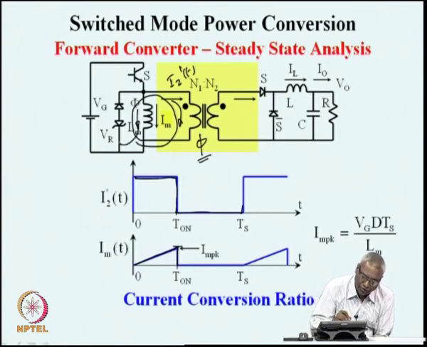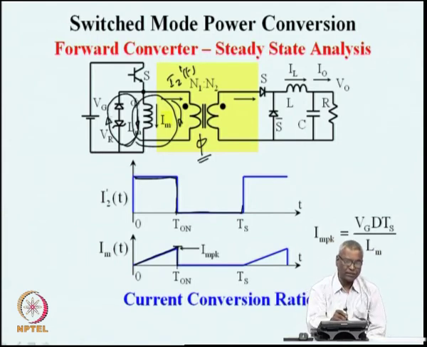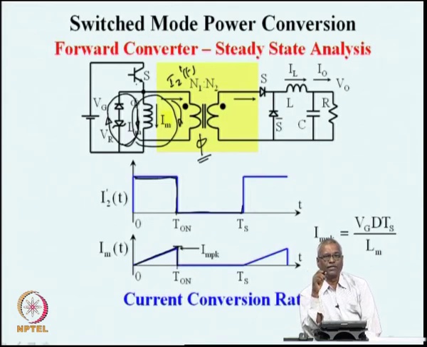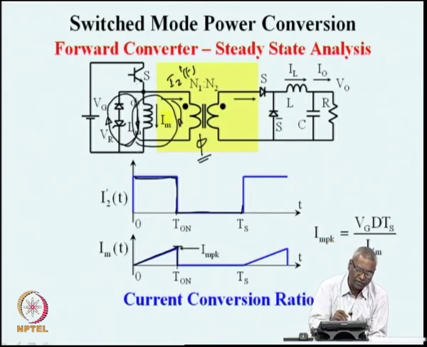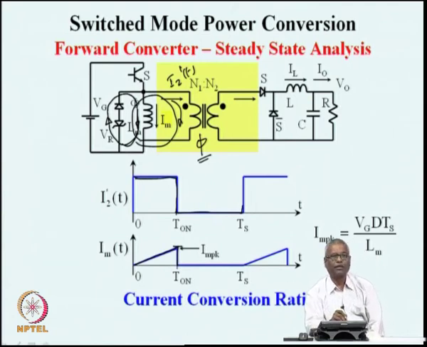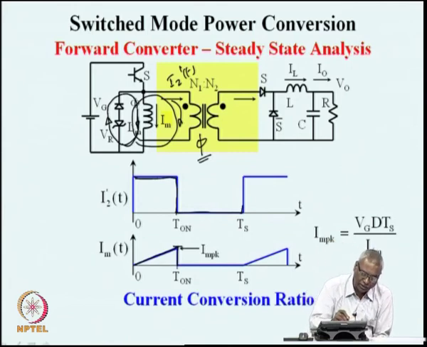It has a path here through this and then back here. Because the main switch has completely switched off, it is not supporting any energy, so the inductor finds an alternate path which can keep the energy flowing, or will conserve the energy in the core, and this will be the path for that.